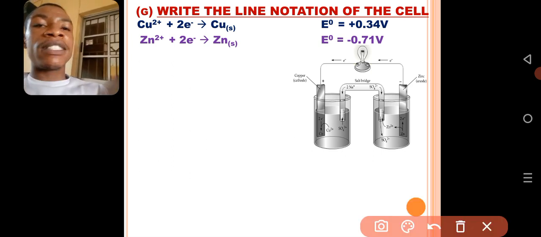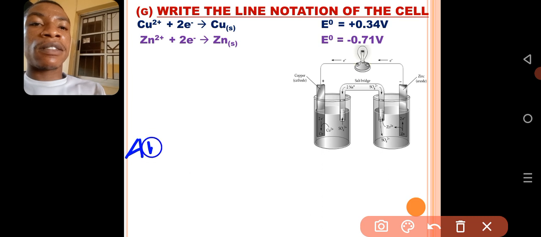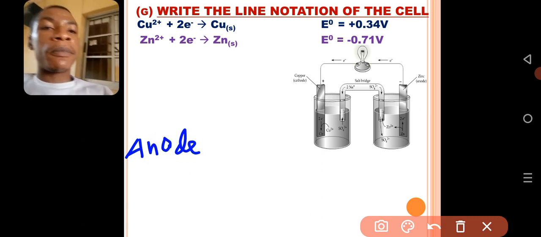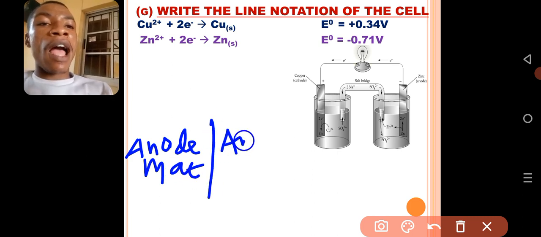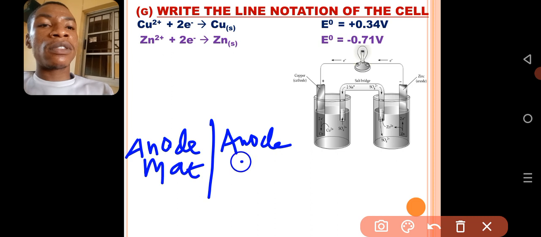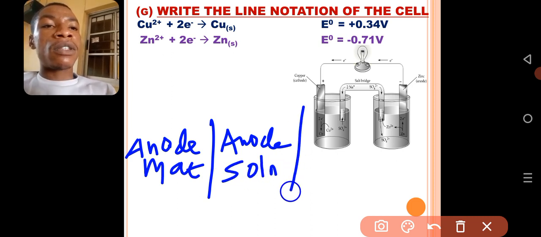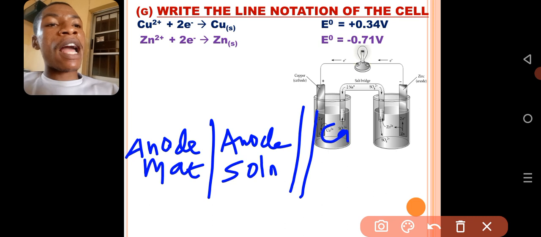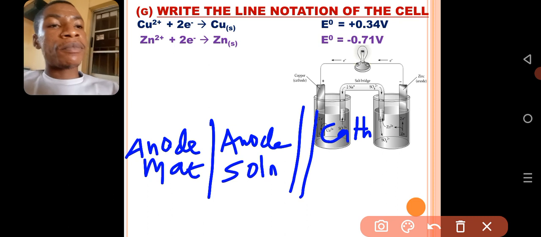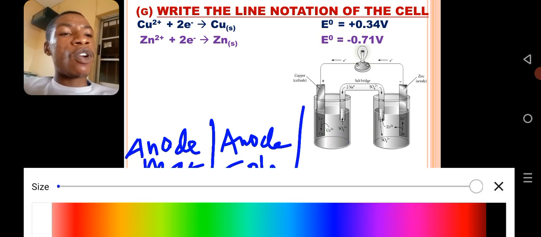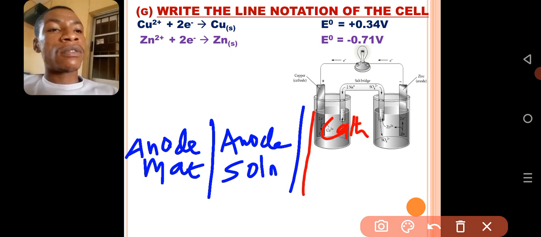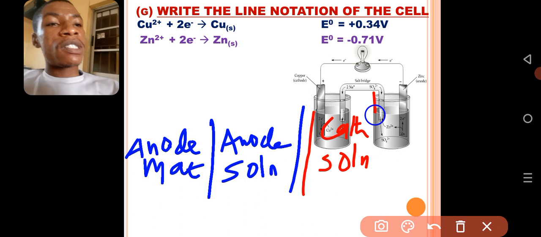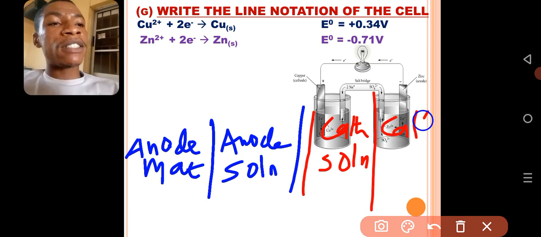So anode material, slash, anode solution, double slash, cathode solution, single slash, cathode material.